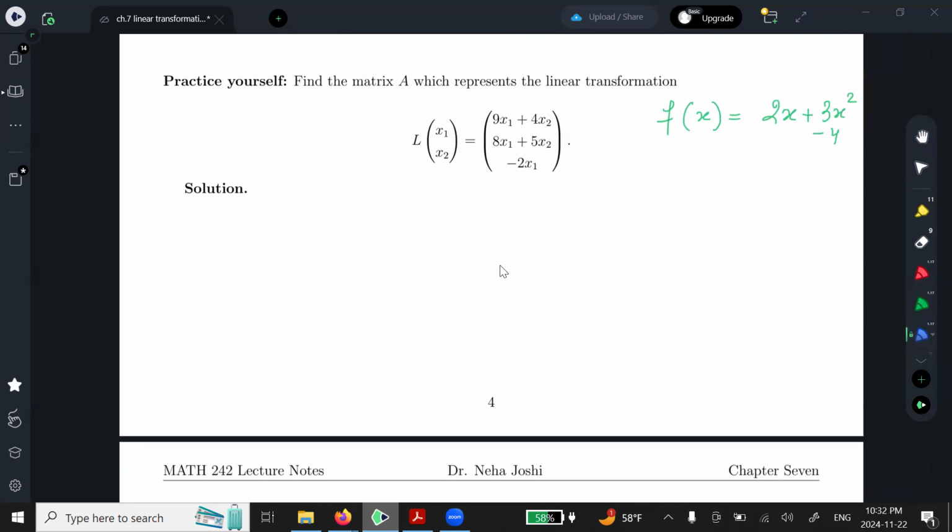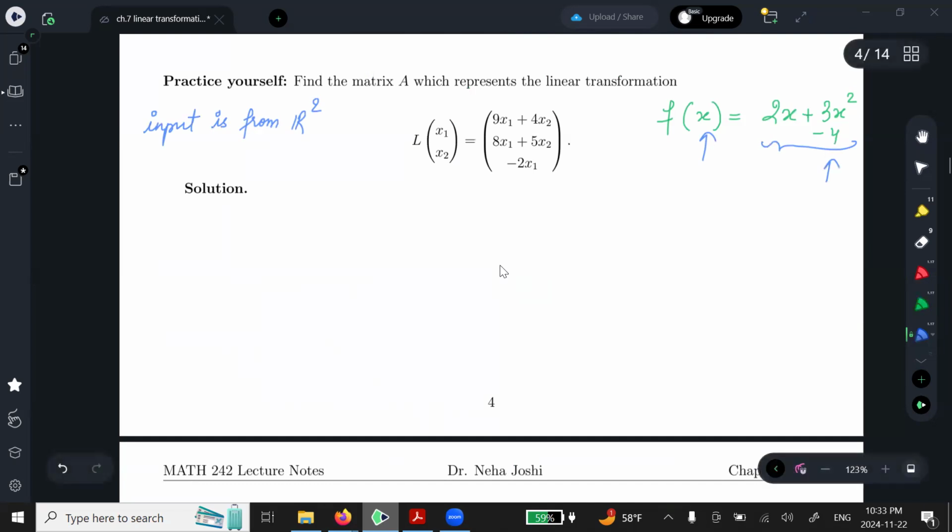So we'll first check what my domain and codomain are. I know that my vector is picking up my input. The input for the function, what goes here, is a length 2 vector. As you can see, the input is from the 2-dimensional space, right? And the output is what you get when you plug in the input in the given formula of the function.